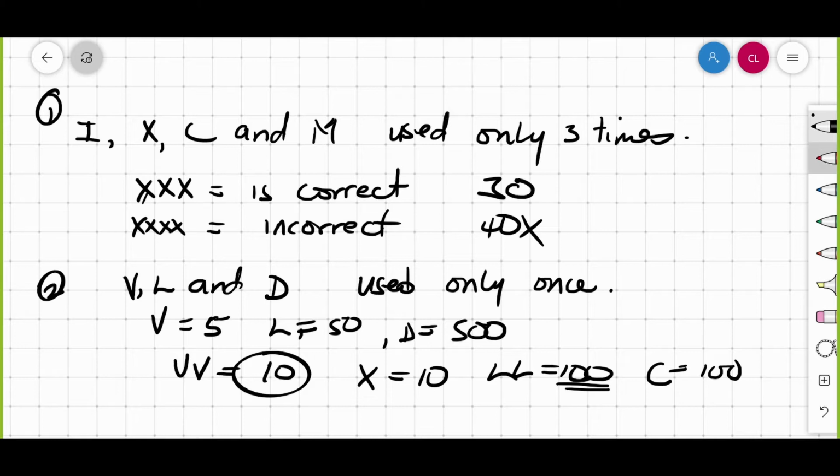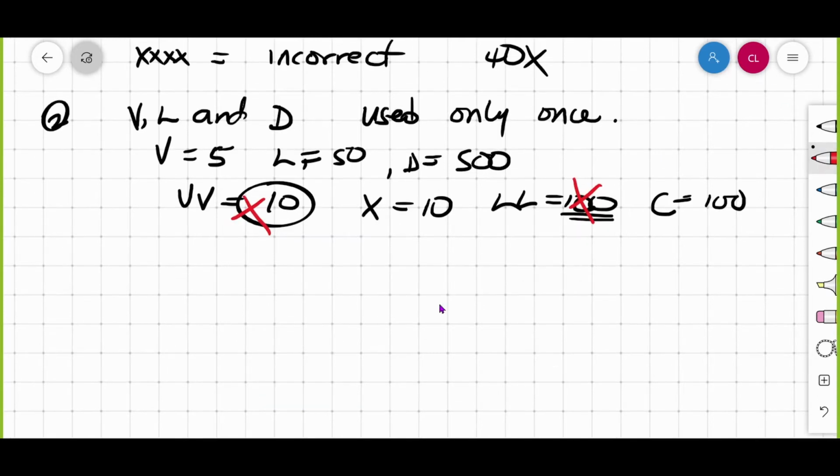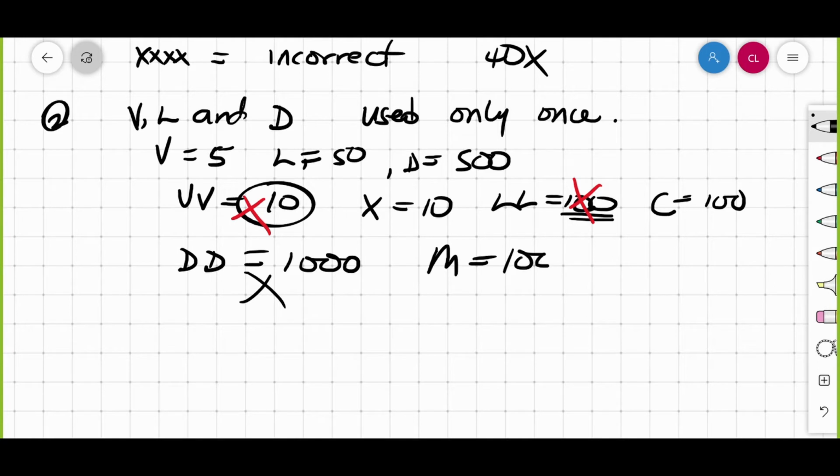So this is wrong and this is wrong. You won't see DD and think that this is 1000. This is wrong, because M is equal to 1000.